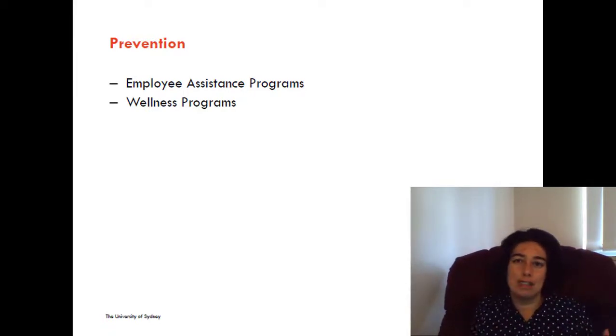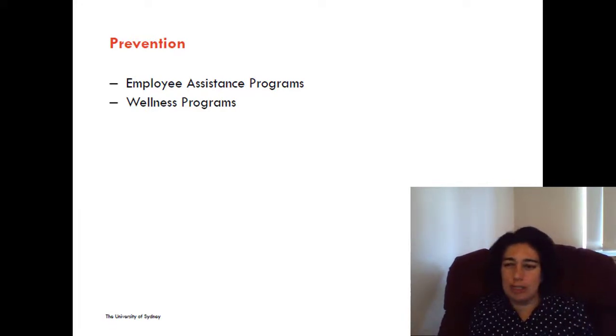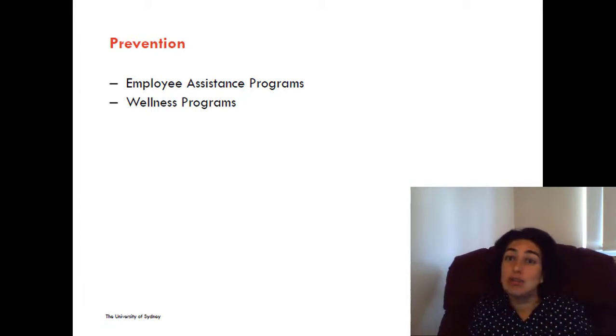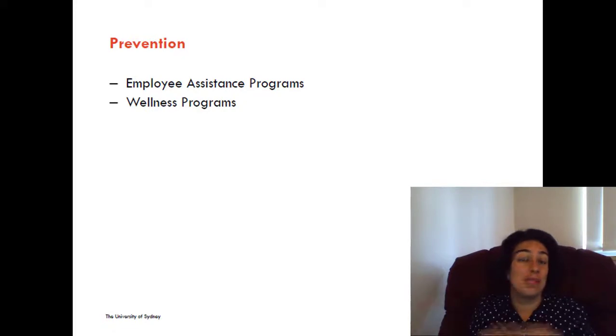So there are all of these things that the university is implementing as a preventative way to hopefully prevent disability from occurring. So wellness programs can include exercise, they can include meditation. This could be stress reduction techniques. This could be smoking cessation. And there are a lot of different things that can fall under a wellness program.